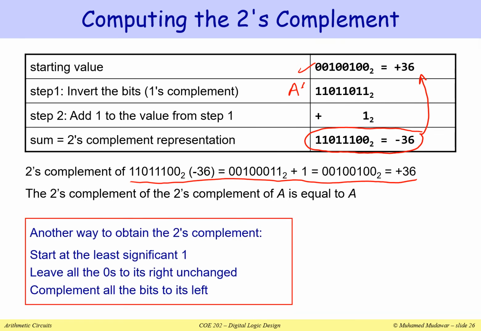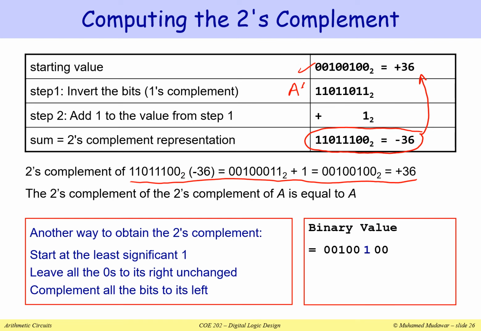There is another way to obtain the 2's complement. The idea is very simple. If you would like to do it quickly, what you do is that you look at the least significant one. So this one here is the least significant one. You skip the zeros until you encounter the least significant one.